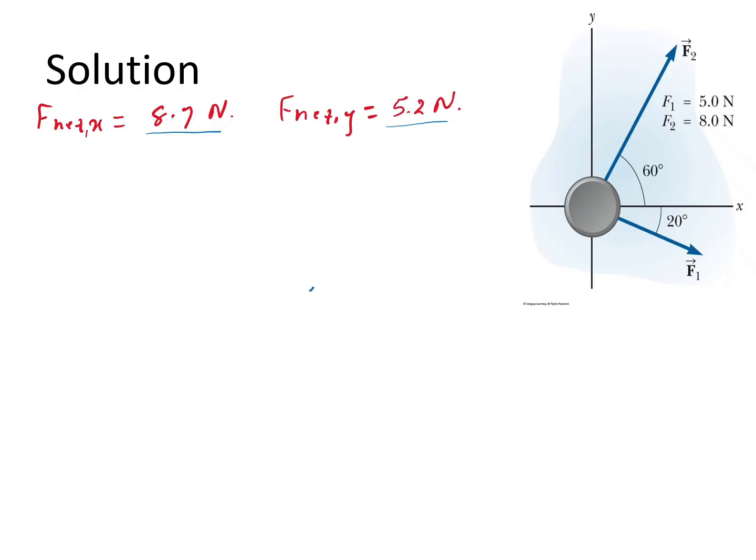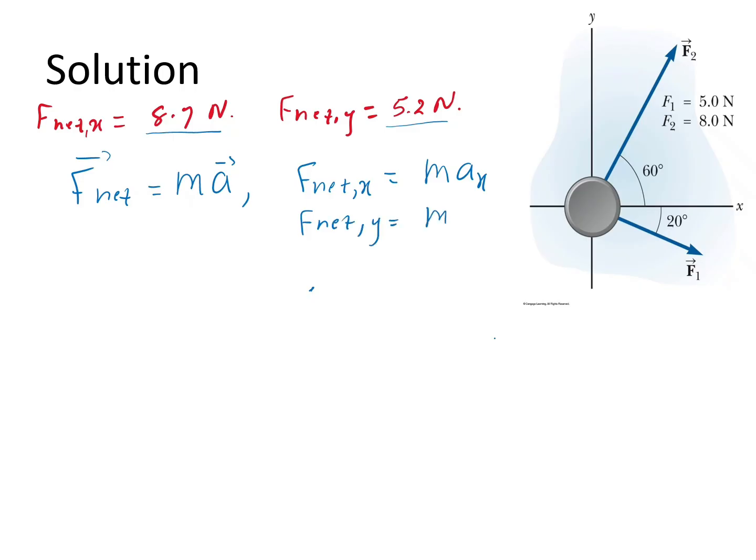Newton's second law is F net equals mass times acceleration, and we can write this in component form. F net x is equal to mass times acceleration in the x direction, and F net y is equal to mass times acceleration in the y direction. Let's rearrange these equations to find acceleration.